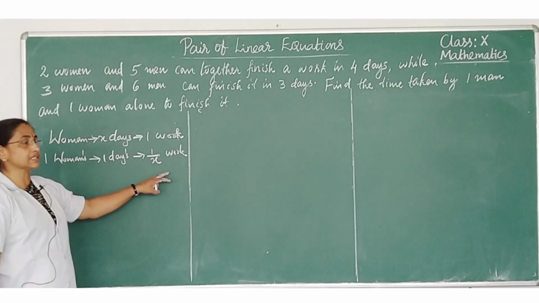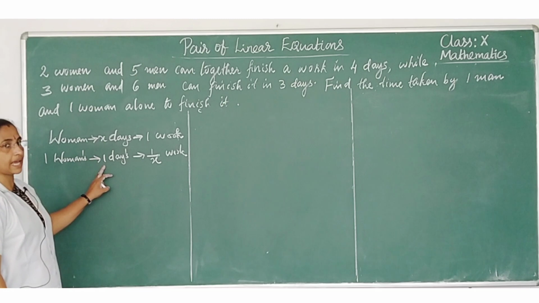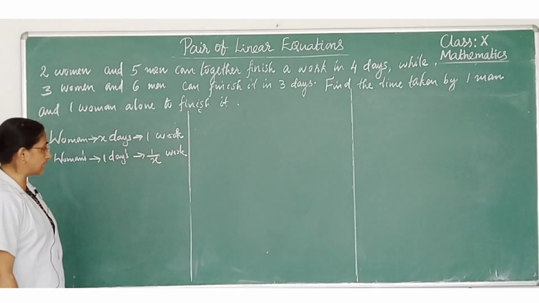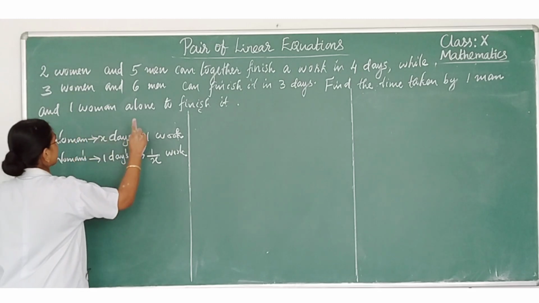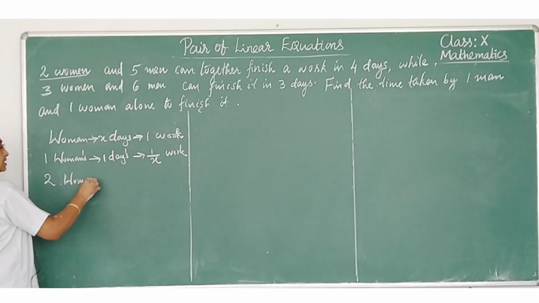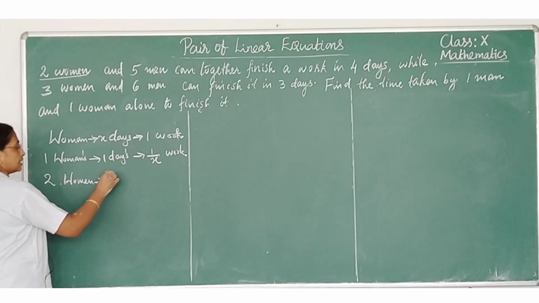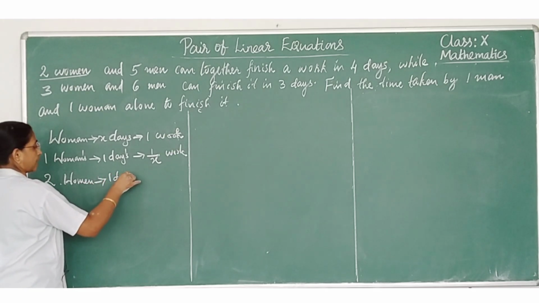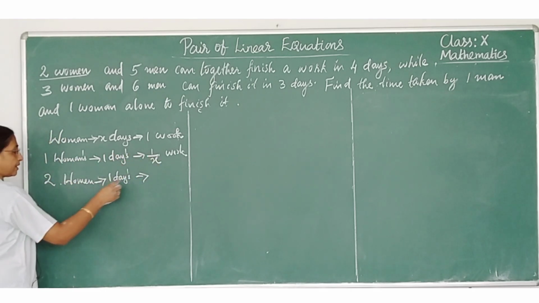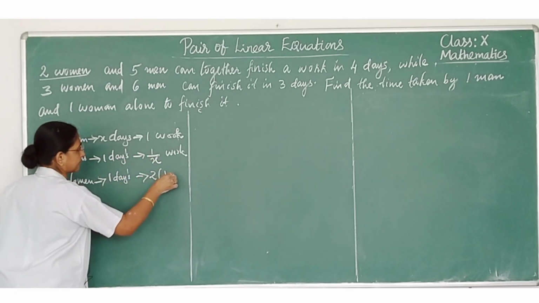How do we get 1 by x? x when divided by x you get 1 day. Right side when divided you get 1 by x. But in the question, the first condition is given with 2 women. So, 2 women's 1 day's work: 1 woman takes 1 by x, so 2 women take 2 into 1 by x.